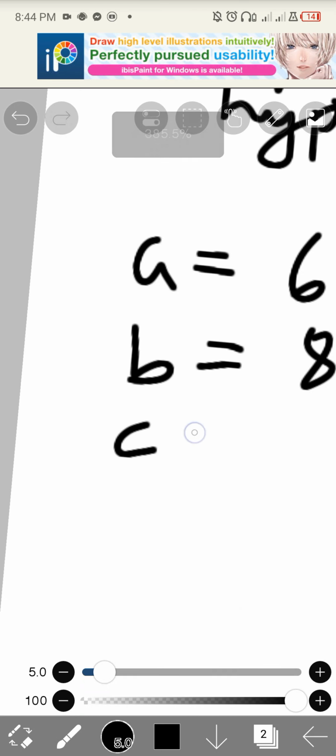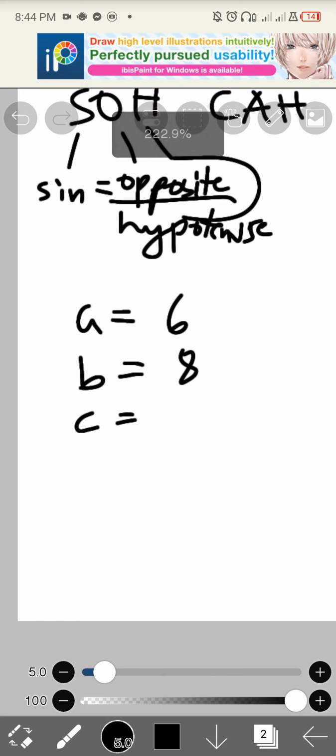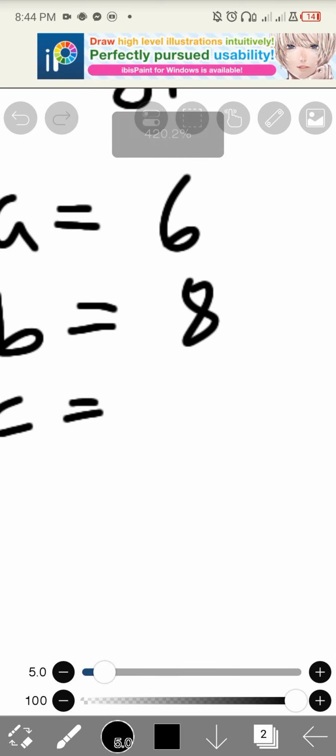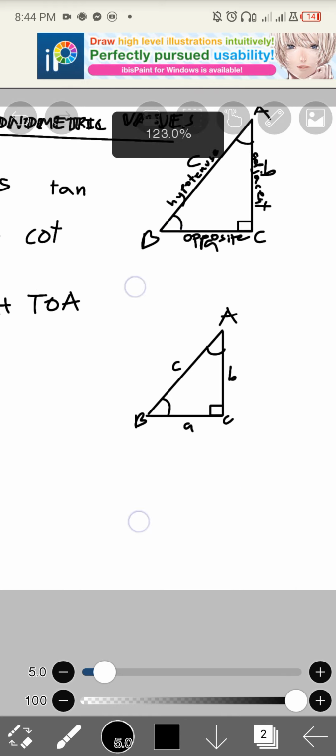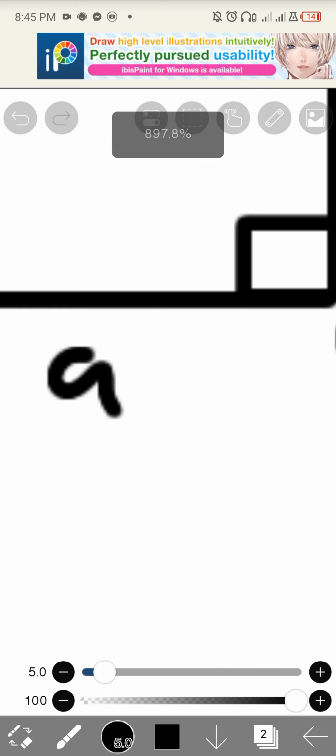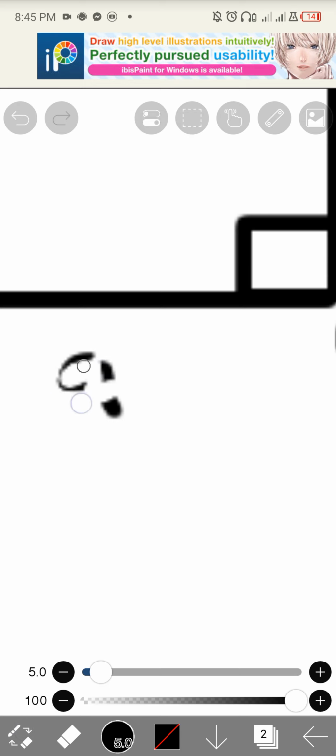And C, anyways, C is equal to 10. Typical 6, 8, 10 triangle, no? So let's replace this.